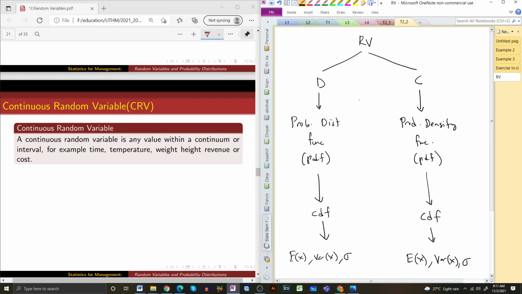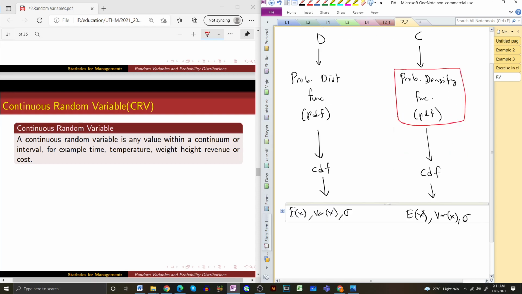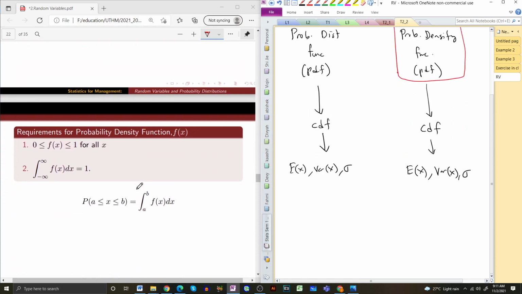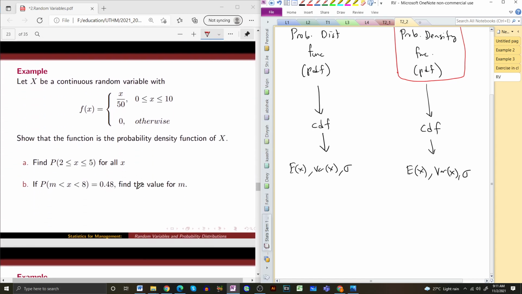Okay, so now let us learn probability density function. Let us look at this example.